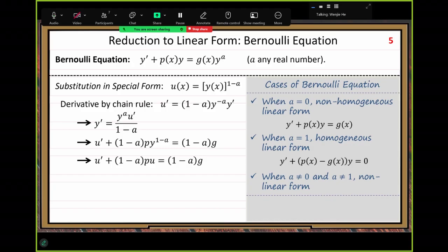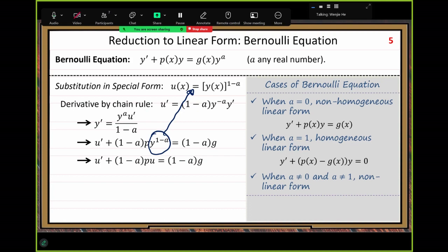The nice thing is, this is just u, by assumption. So after simplification, all y terms can be represented as u terms.